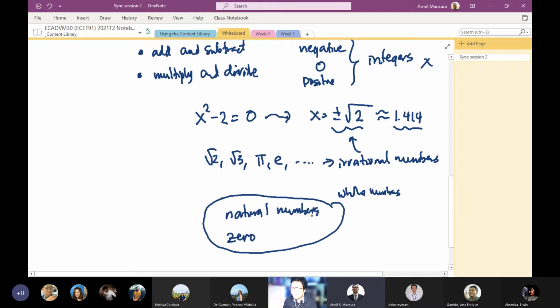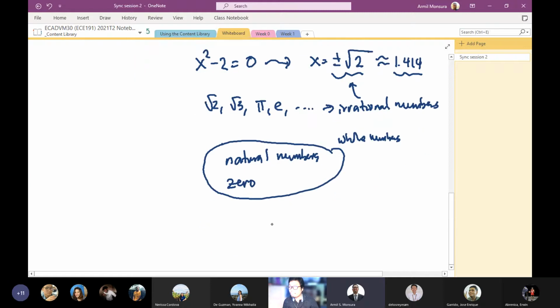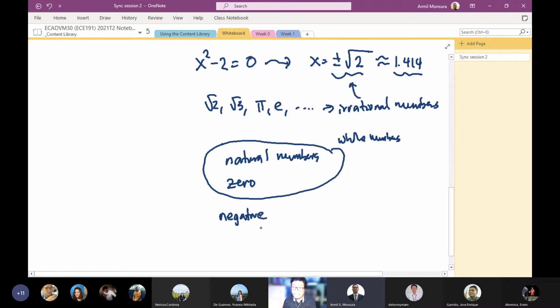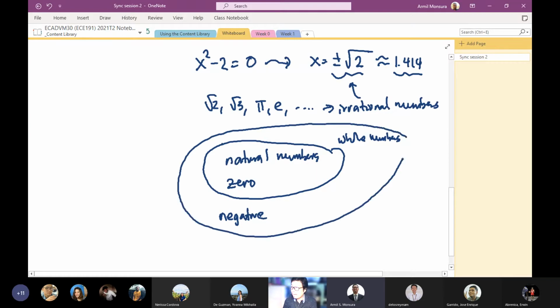And then we added the negative numbers to come up with the integers. These natural numbers are also called positive numbers, if you would recall. So this whole thing are all integers.